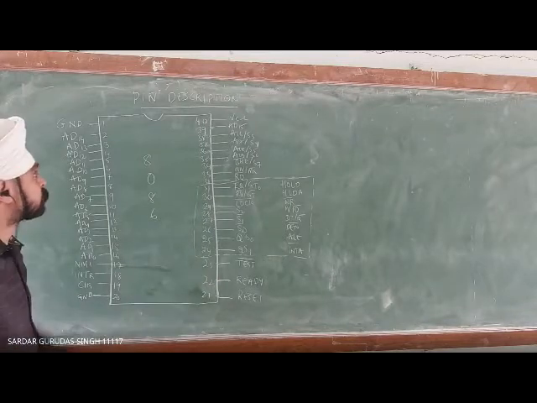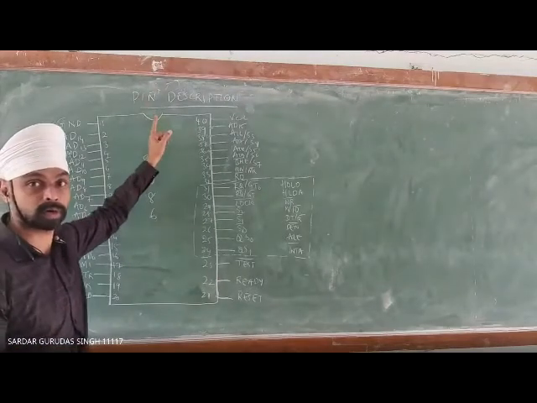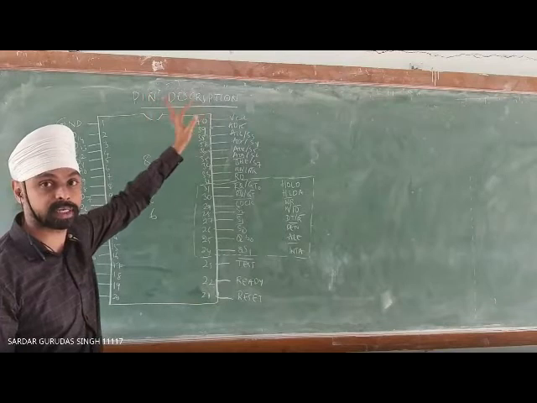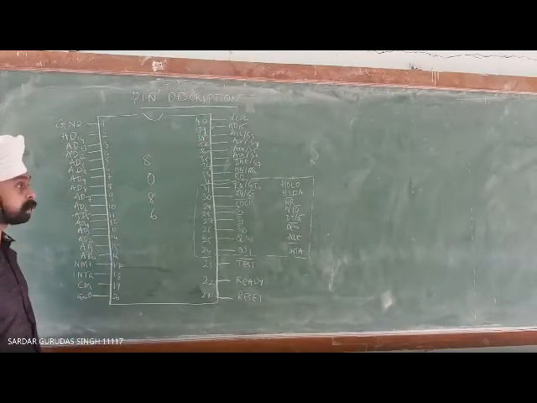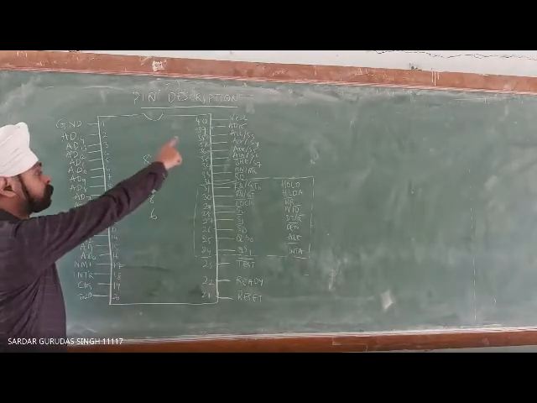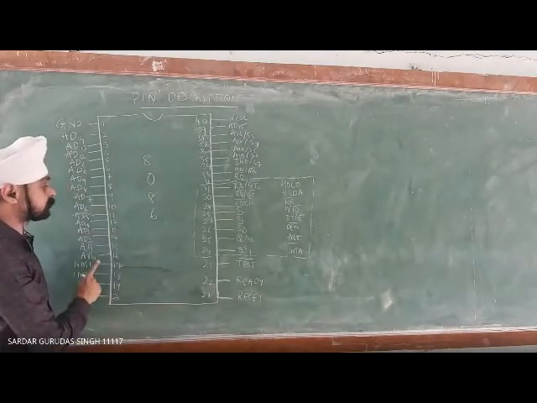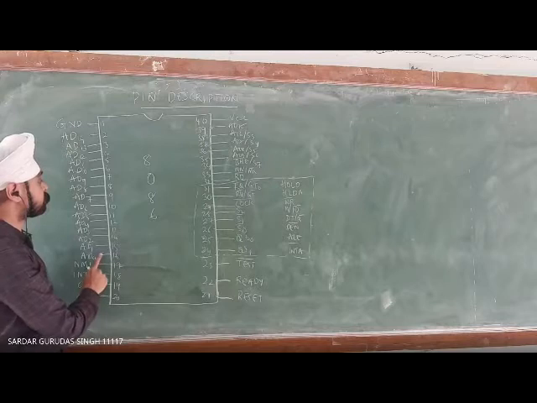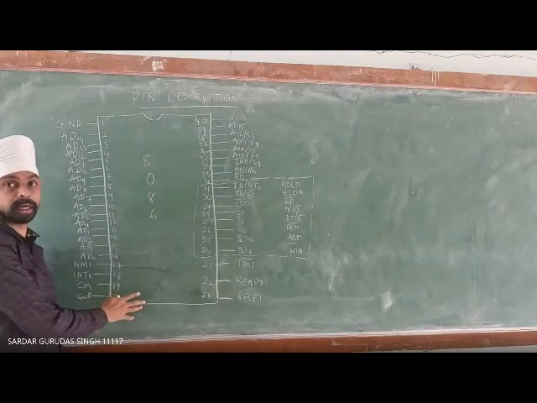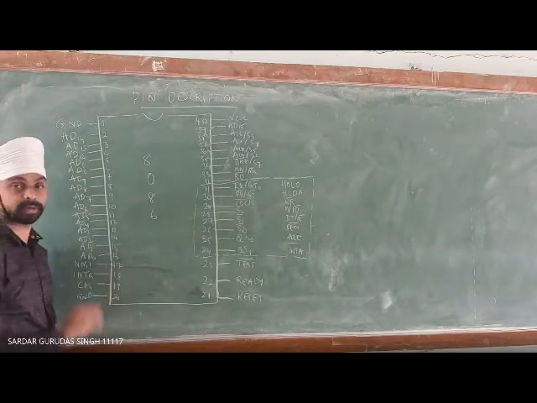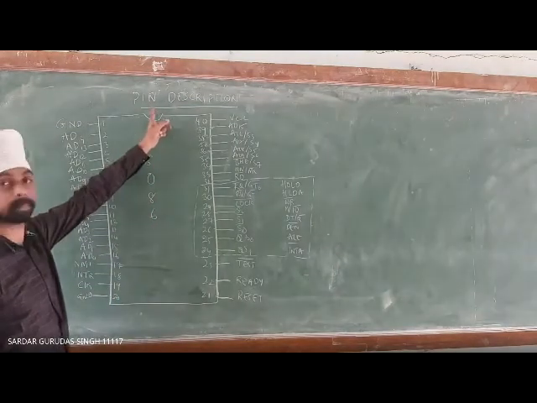So, in today's class, we will learn about the pin description of 8086. Pin description is nothing but how your 8086 IC looks like, how many pins are there in this IC and how they work. This is what we will learn in the pin description.